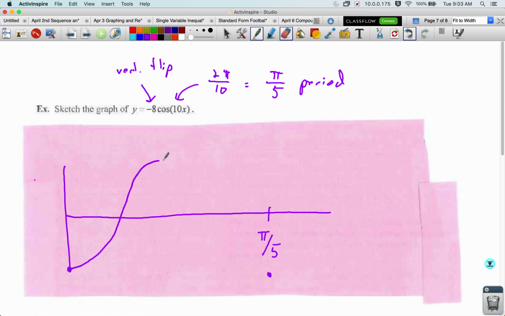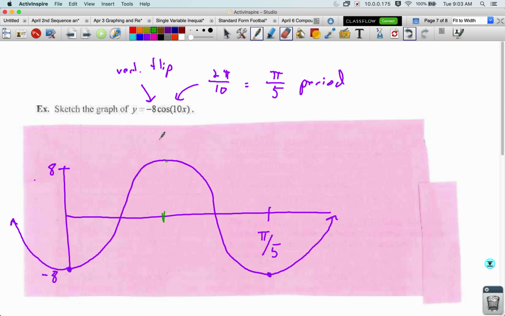So I need to go up, hit a maximum, come back down, hit a minimum, and then I'm going to show that this keeps going like that and like that. This graph's going from 8 to -8, and then let's add in a few more key points.